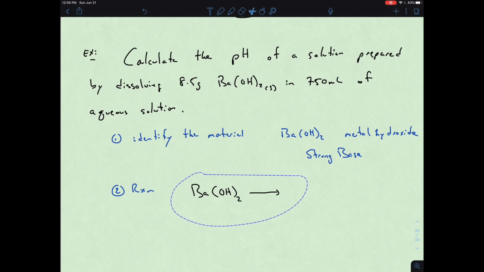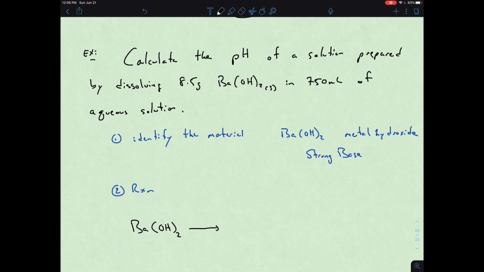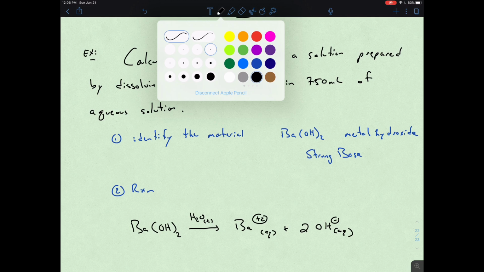We want to have complete dissociation. And notice that for each 1 molecule of barium hydroxide, we actually get 2 moles of hydroxide.